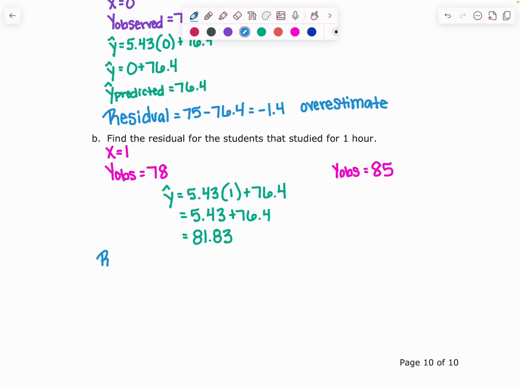So now for the first student, their residual is their score, 78, minus 81.83. And that is negative 3.83. And again, this equation is overestimating this student's score.